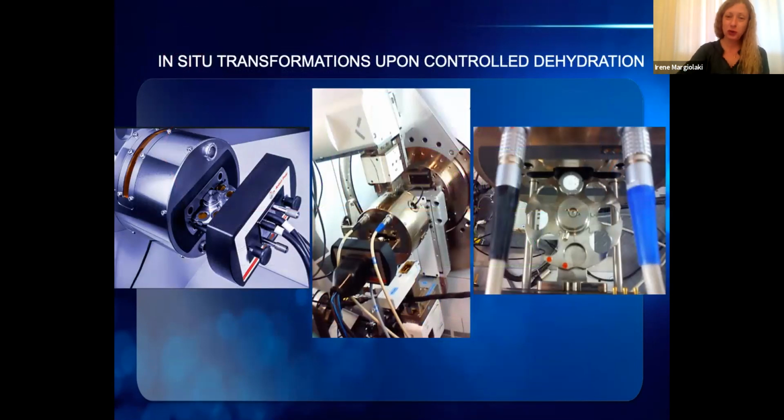Something I wanted to do since my time at the ESRF was diffraction measurements of proteins upon controlled relative humidity variation. In fact, I had seen Trevor Forsyth's beautiful work on DNA from the ILL.